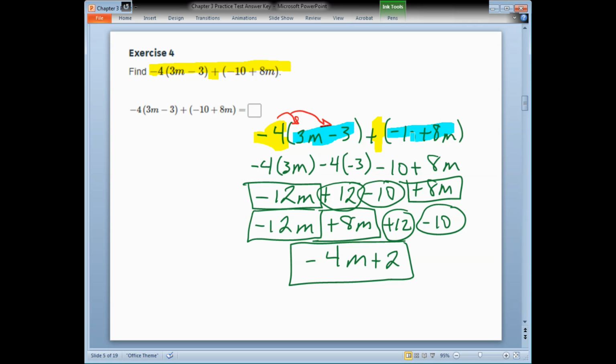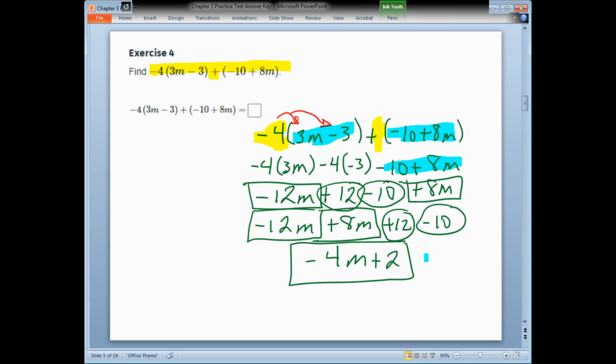In front of this one, there isn't. So I can just drop the parentheses for these terms. Here, I need to use the distributive property, so I do that. And then I go through that same process. I identify like terms, I put them together, and then I simplify them, right? I combine those like terms: negative 12m plus 8m is negative 4m.